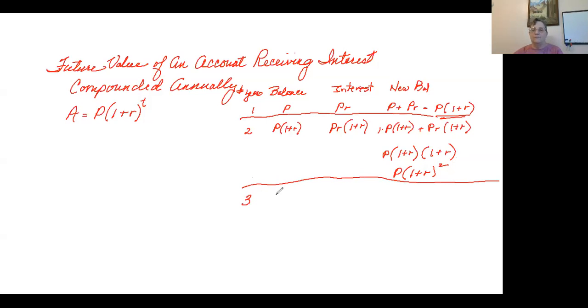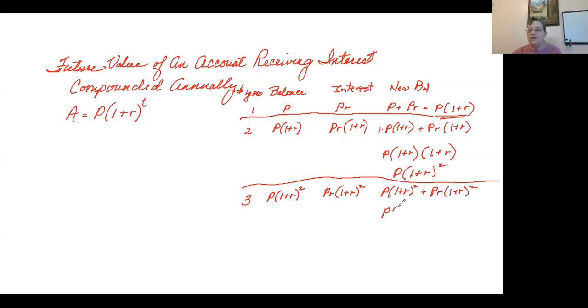The third time, the new balance that we're starting with at the beginning of the year is P times (1 plus R) squared. The interest is that amount times R, because it's going to be for 1 more year. So P times R times (1 plus R) squared is the interest. The new balance is the balance that we started with, P times (1 plus R) squared, plus the interest, P times R times (1 plus R) squared.